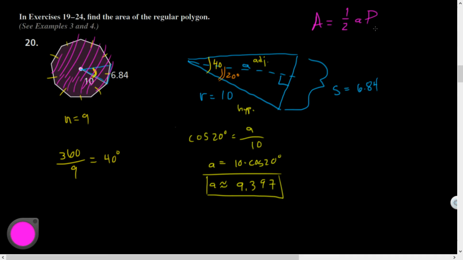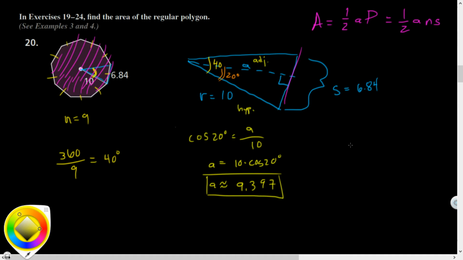One half the apothem times the perimeter, or I could rewrite perimeter as the number of sides, n, and the side length, s, because the number of sides times the side length is the same as the perimeter. So it's half a n s. So, I currently know that, so let's plug in.